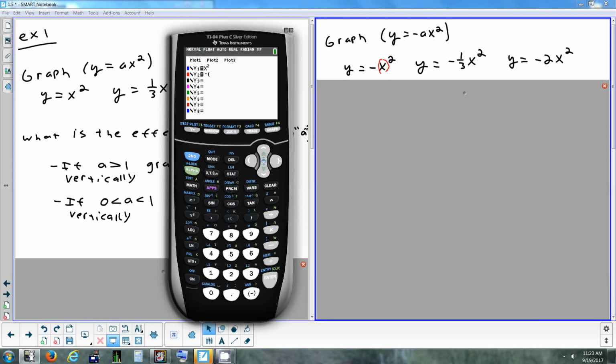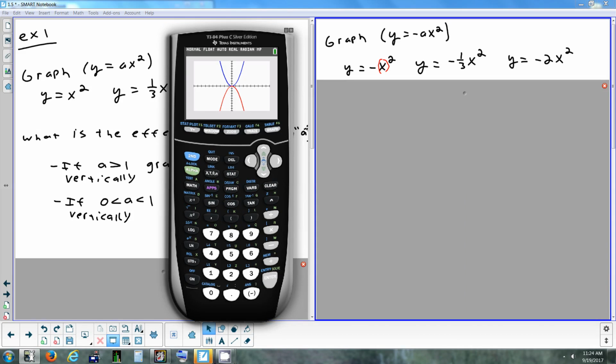So negative x squared. This time the negative is on the outside, which means it's not part of what's being squared. Only the x is being squared. There's the original, and there's what happens when you put a negative in front.